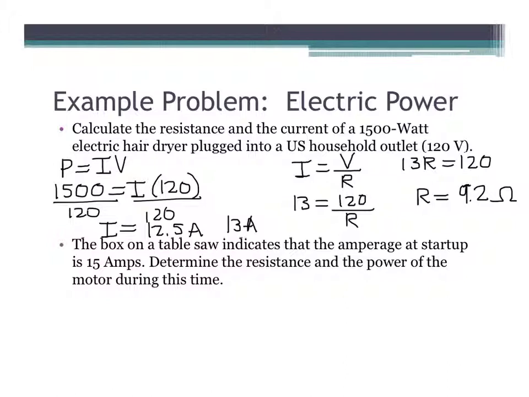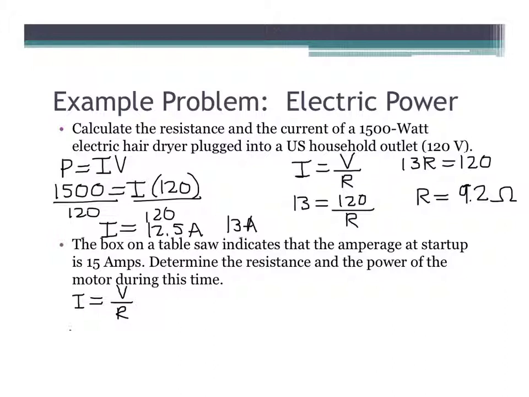We've got a second example. The box on a table saw indicates that the amperage at startup is 15 amps. Determine the resistance and the power of the motor during this time. Well, we know that the voltage is going to be 120 volts because we're assuming we're using it here in the US. And we know that current is equal to voltage divided by resistance.